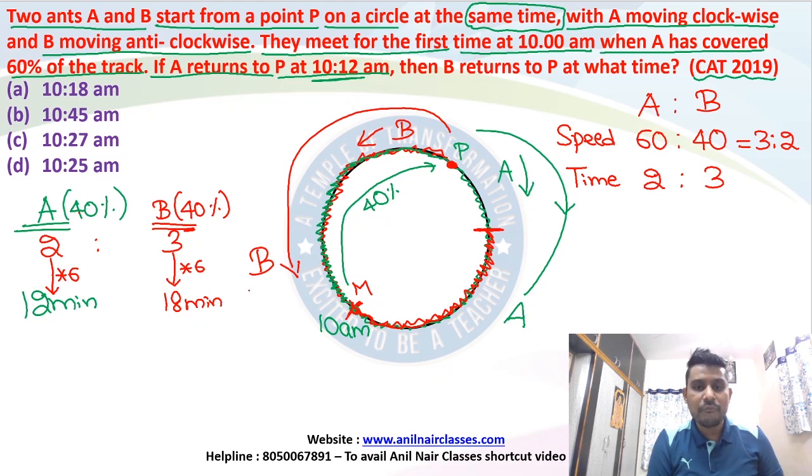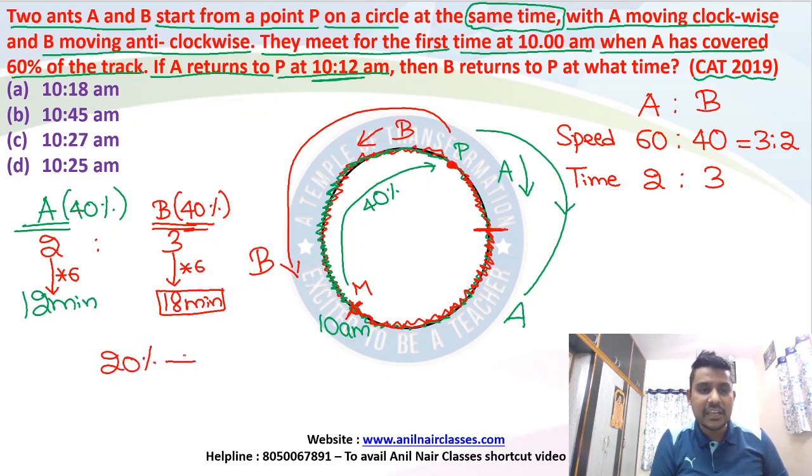So, to cover from M this 40% of distance, B has taken 18 minutes of time, right? But another 20% is remaining right now. For 40%, it will take 18 minutes. For the remaining 20%, it will take half of 18 minutes, 9 minutes.